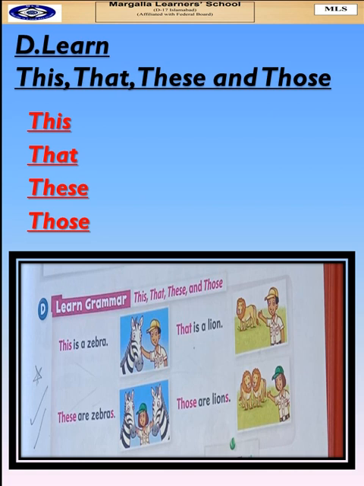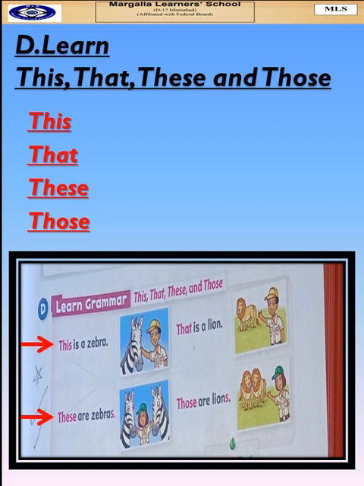When you are pointing at one thing and that thing is present closer to you, like you can see a zebra present closer to a boy and he's telling you about that zebra, then you are going to use this. This is a zebra. If there are 2 zebras and they are present closer to you and you are telling someone about those zebras, you are going to use these. These are my zebras.